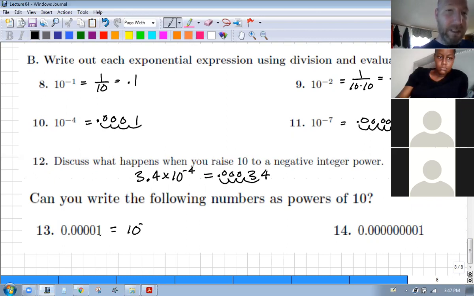We'd start off with 1, but we'd move the decimal to the left 1, 2, 3, 4, 5 times. So this is 10 to the negative 5. This one we moved 1, 2, 3, 4, 5, 6, 7, 8, 9. So this is 10 to the negative 9.